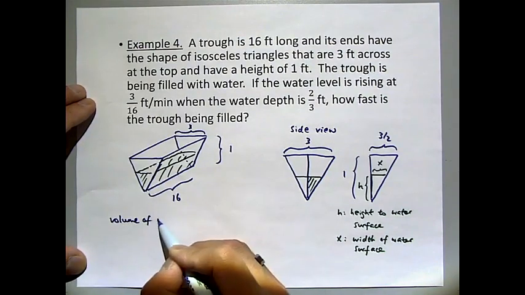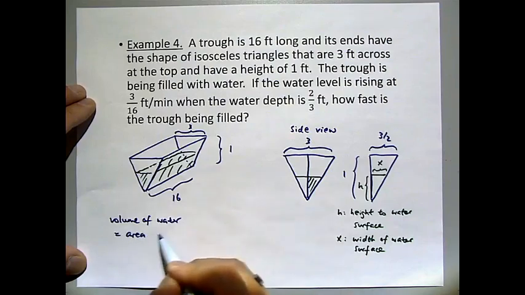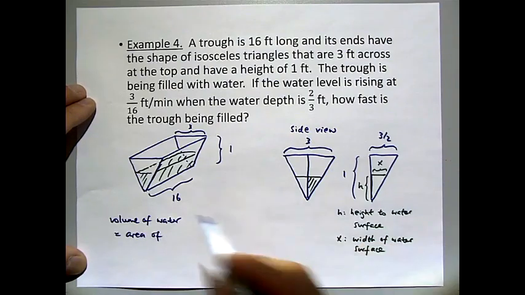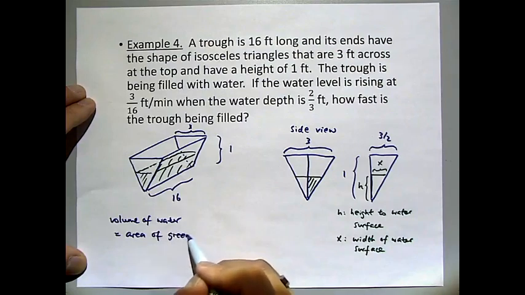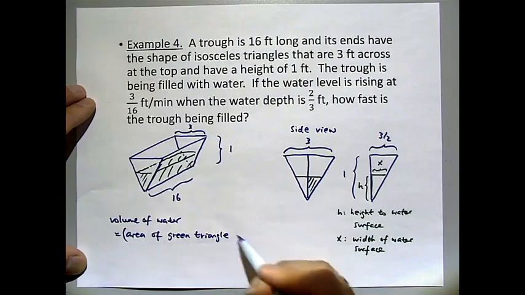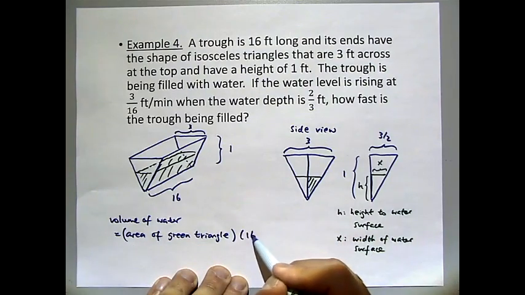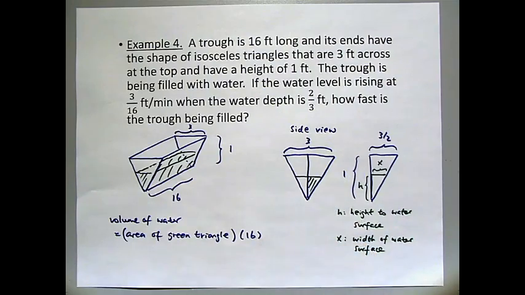Volume of water is equal to area of green triangle times 16, because it's 16 feet deep into the page.